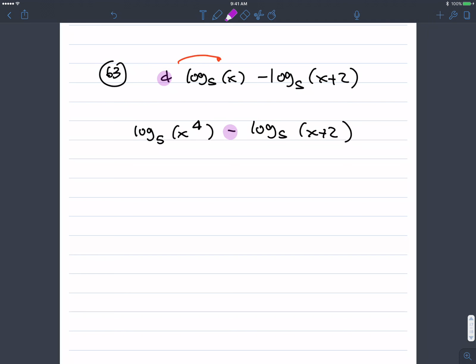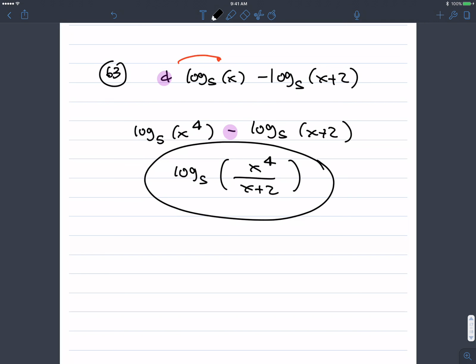You're going to write this difference as a quotient. You're working properties in reverse. X to the fourth over x plus 2. So you wrote these here as a single log. And that's what you're supposed to do here, working with these logs. And that's your homework from this section.